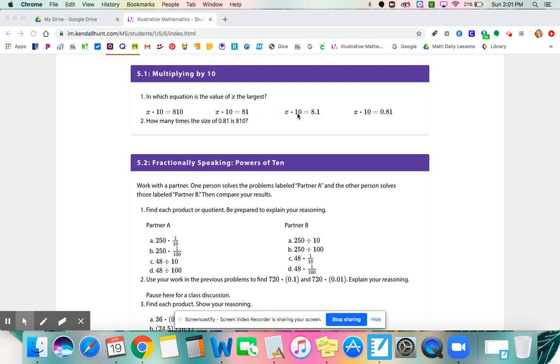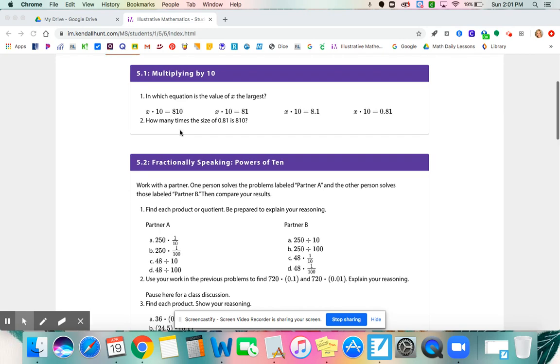We're used to multiplication where when we multiply two numbers, we get a bigger answer. When it comes to decimals, that can change, because this x times 10 is getting something smaller than 10, and then the next one's even smaller. So the x that would have to be the largest would have to give us the biggest valued answer, which goes all the way back to this first one.